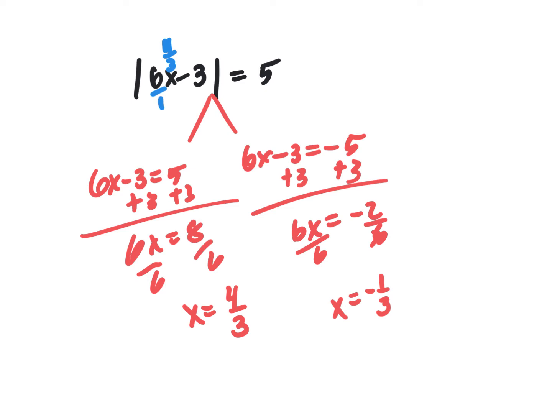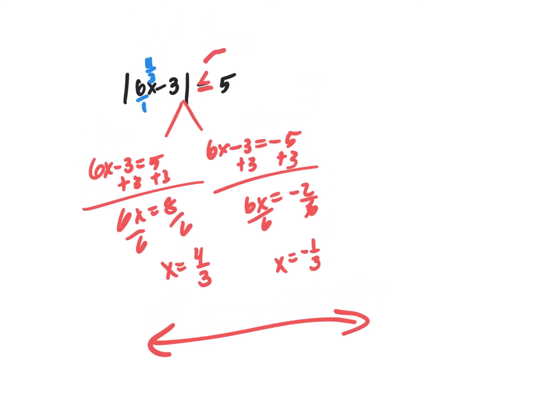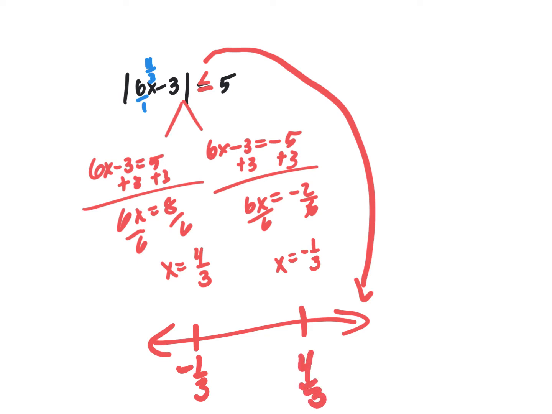Now, what if this had been a less than or equal to 5? Then I go down and make a graph. I want you to think that when you see one of those, it kind of looks like the tip of a number line, because then the answer is a range of values. Here's negative 1/3. Here is 4/3.